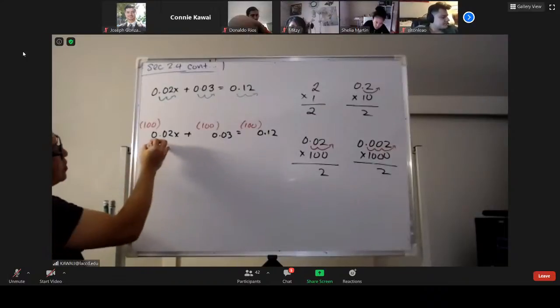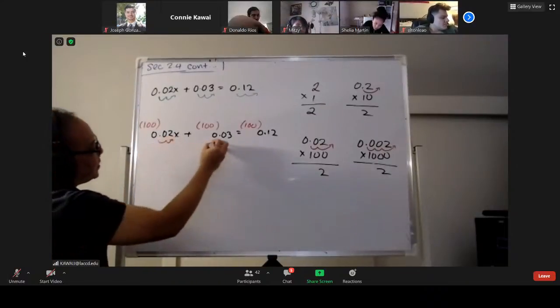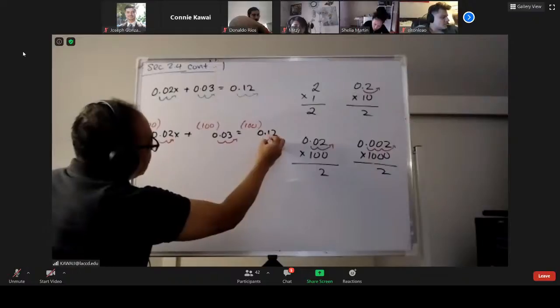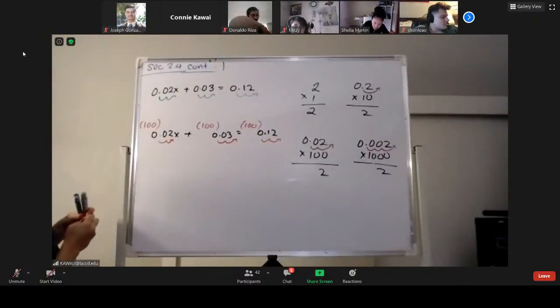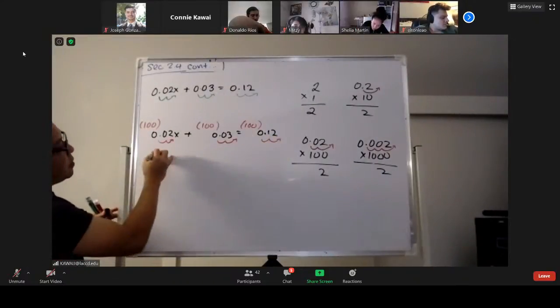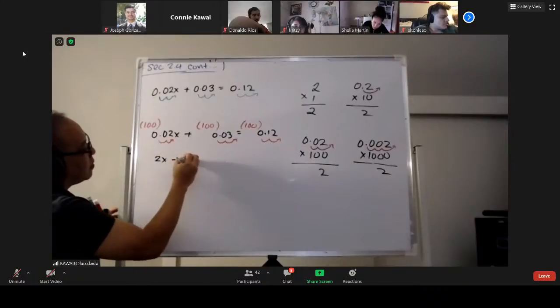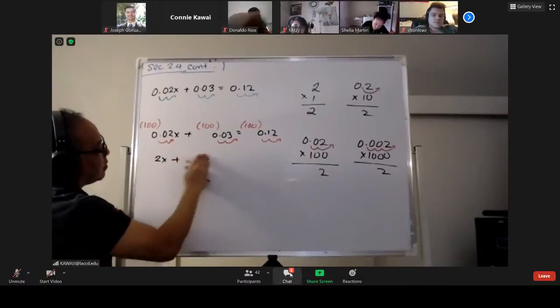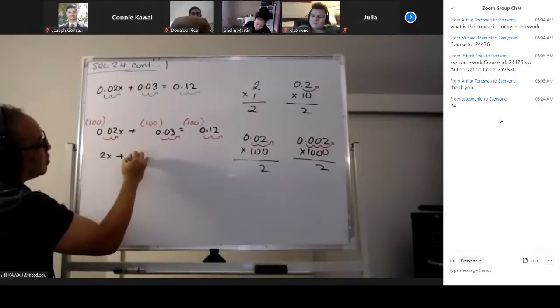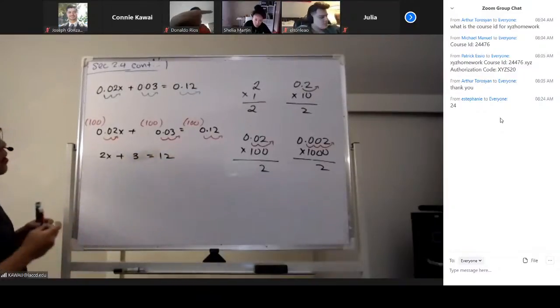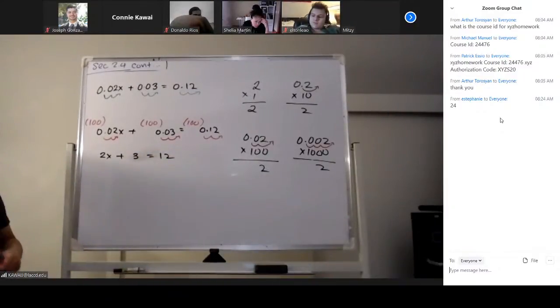So what that will do is move the decimal 2 places, and I end up with something that's familiar to me. Then go ahead and finish up that problem.